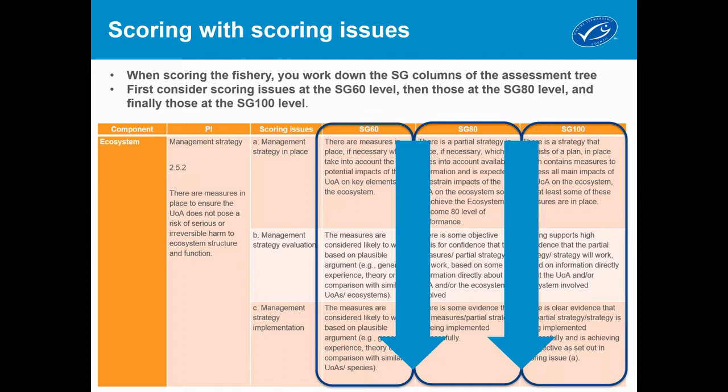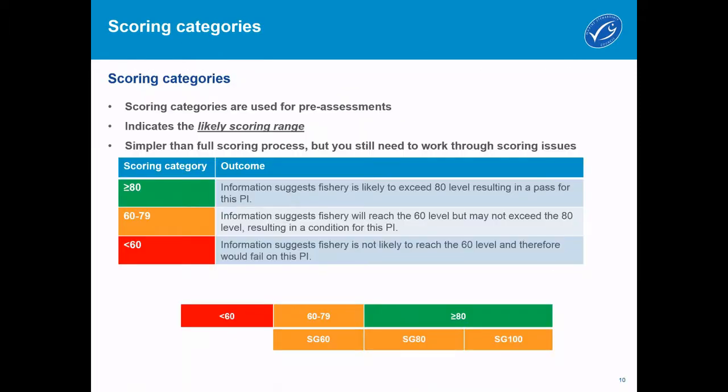And that's essentially it. If at any point you find that your fishery hasn't met one of the scoring guidepost levels at one of the scoring issues, that's where you stop. You don't have to continue further scoring above that. We'll go through some examples in a minute.